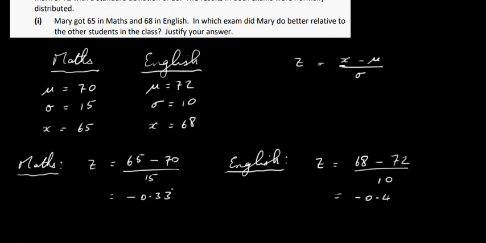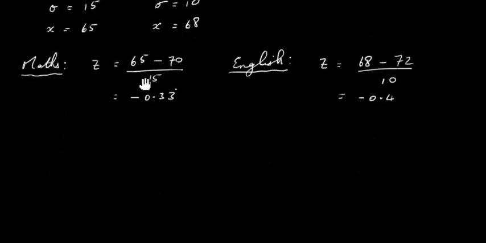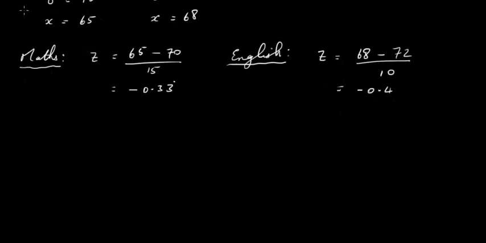Now, just to explain that a little bit further, we can work out probabilities. I'll do that in a minute, but if you think about it, if you have your standard normal curve and we've converted these to Z values, so this is 0 here, we have minus 0.33 and we have minus 0.4. So let's say this is minus 1 standard deviation.